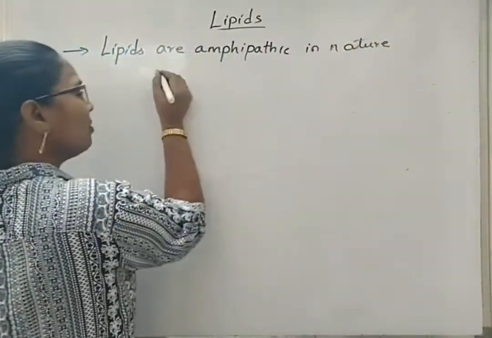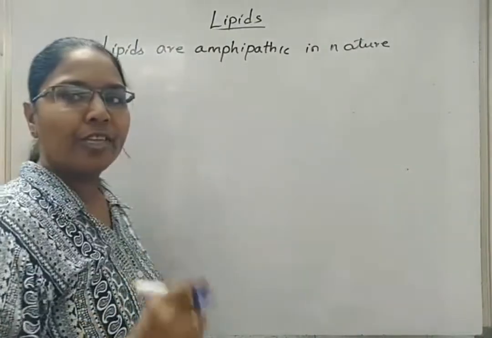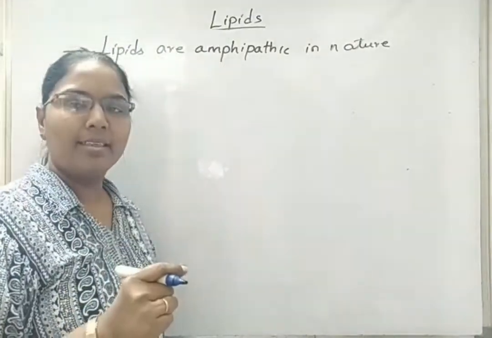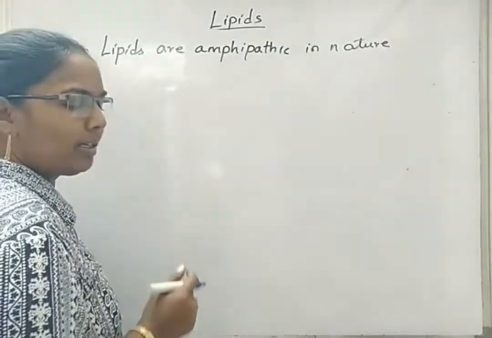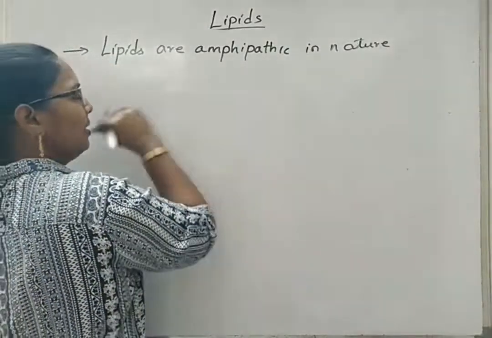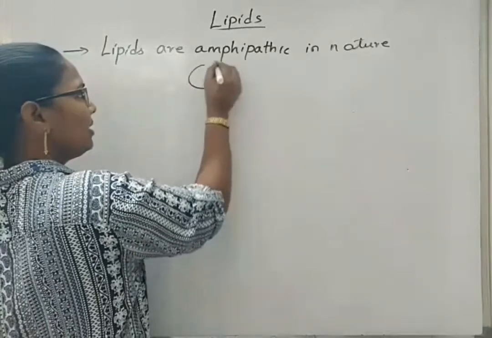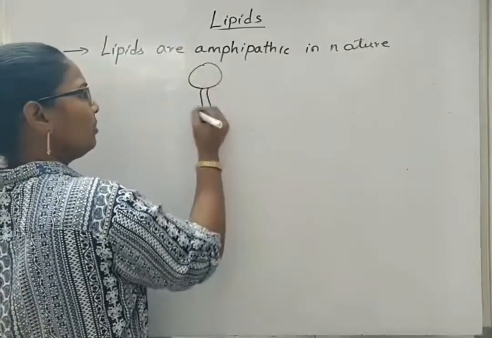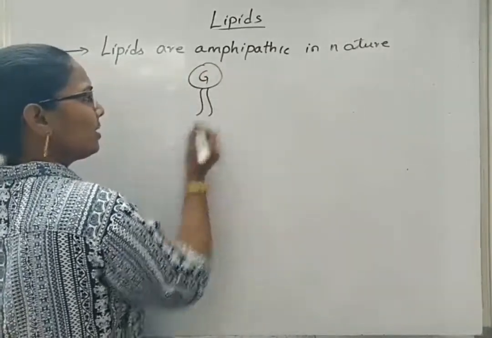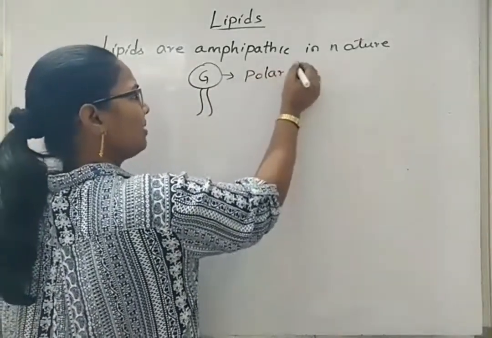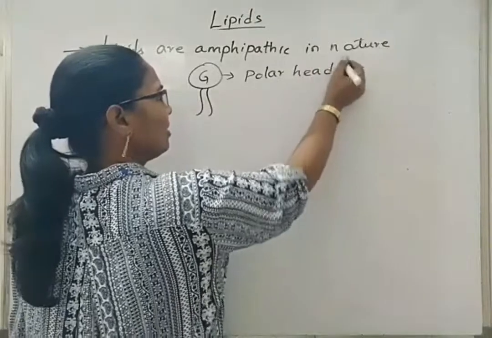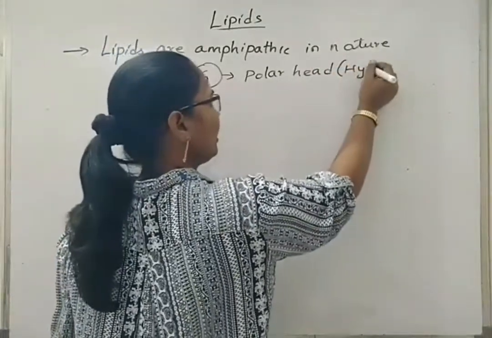Because they have both a hydrophilic polar end and a hydrophobic, non-polar end. So if we write a structure of the lipid molecule, we can consider this one as glycerol, which is also called the polar head, which is hydrophilic in nature.